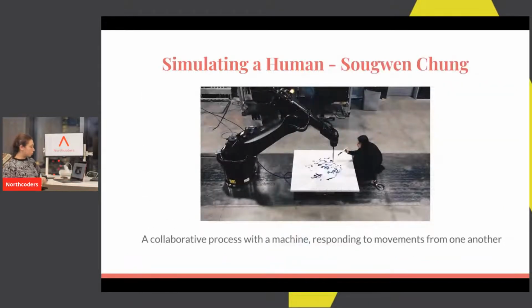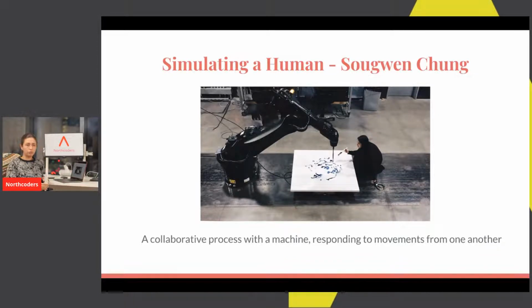Another very collaborative project or duo, if we want to think about it in these terms, I want to speak a bit about Sougwen Chung, who takes turns to paint with her giant robot arm.